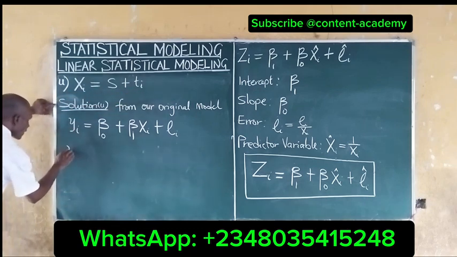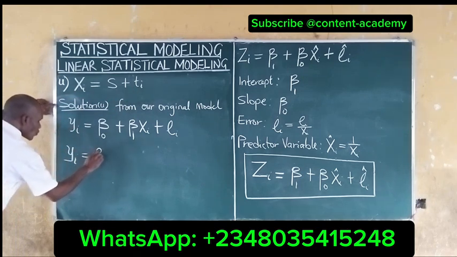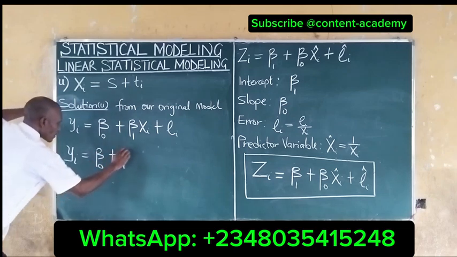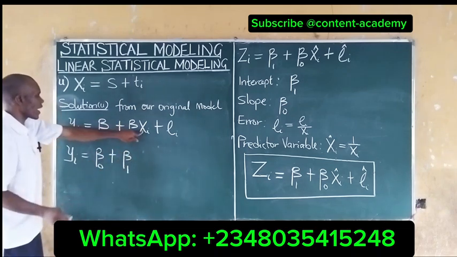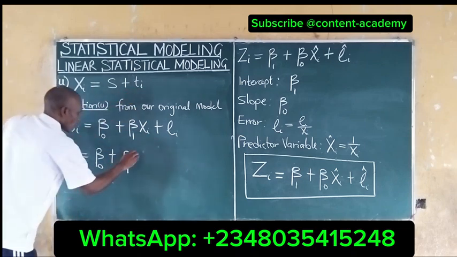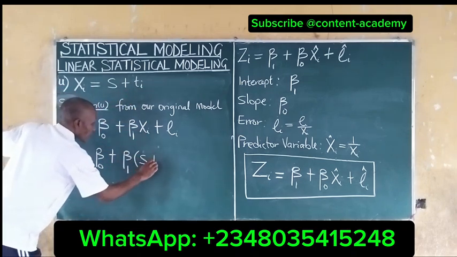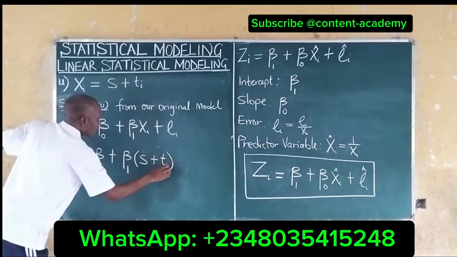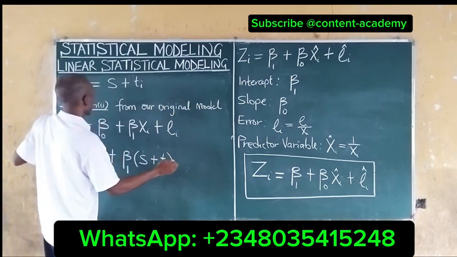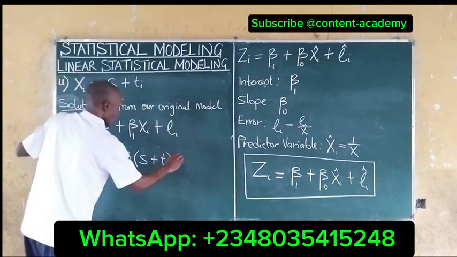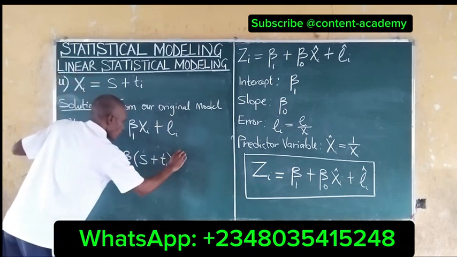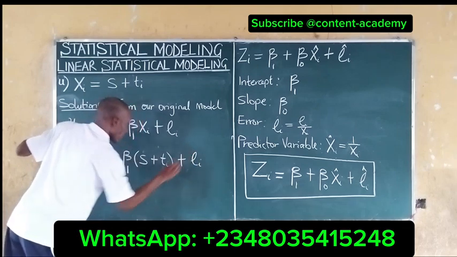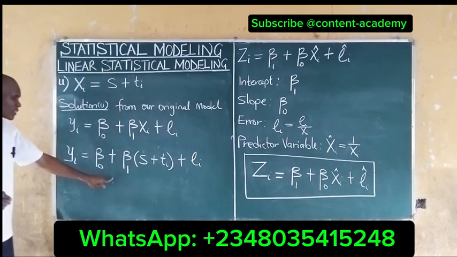So it then means that y_i is equal to b naught plus b1, and anywhere we see x_i, we put x plus t_i, plus our error term. So this is it.